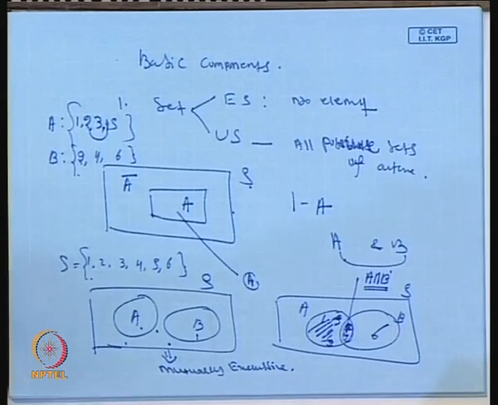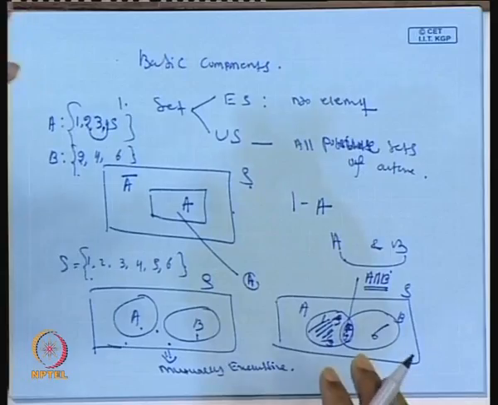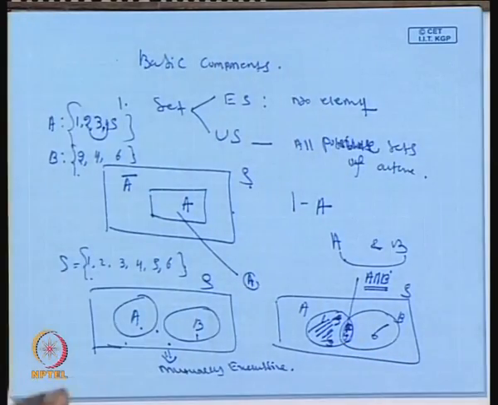Now if there is an intersection, or common elements, between A and B, then if we club them together, it must be the universal set, provided A and B are the only two sets in the system.